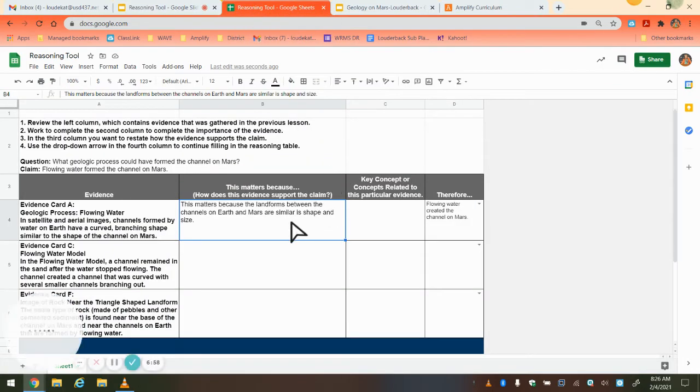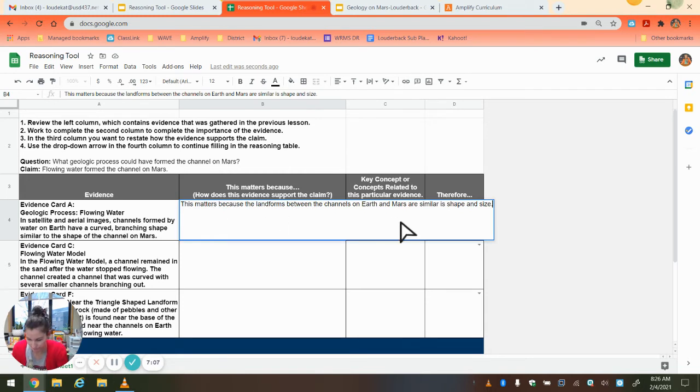Okay. And so again, I have here, this matters because landforms between the channels on Earth and Mars are similar in shape and size.